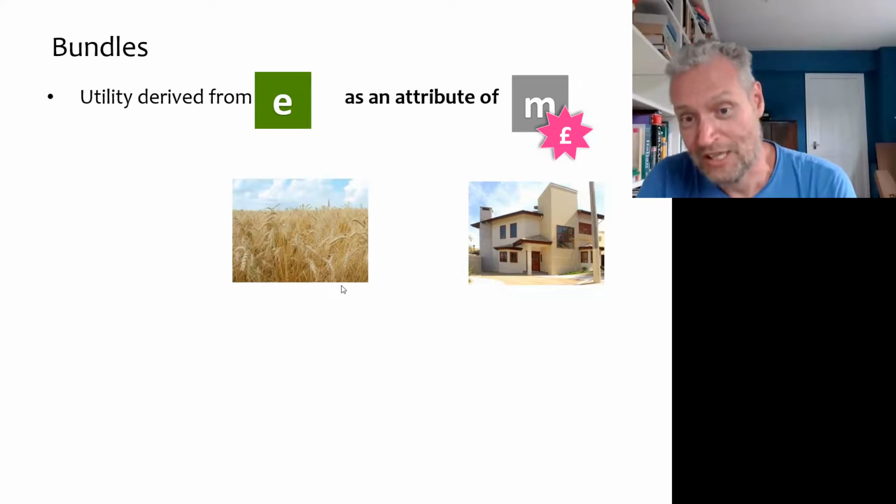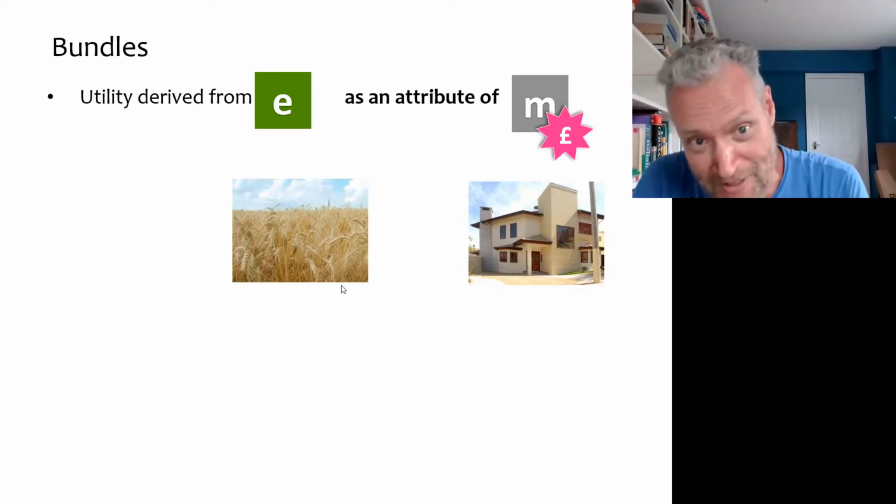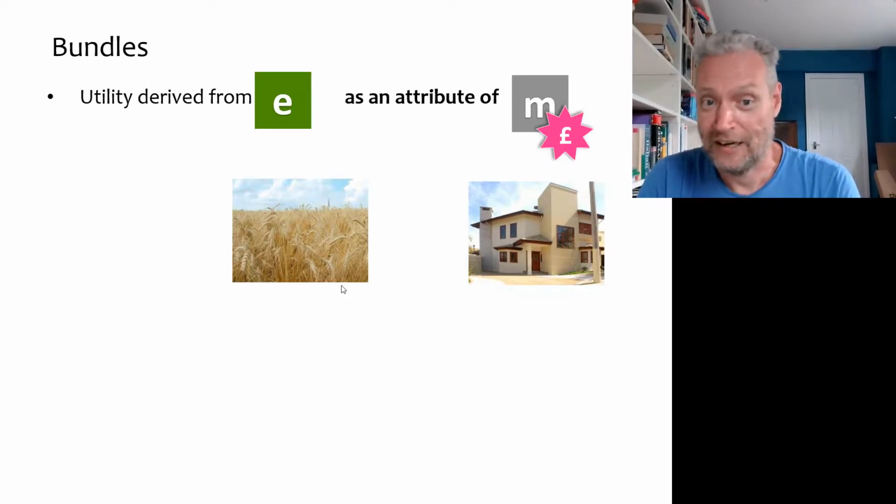And what we will see later is that houses that sit in a nice environment go for a higher price than houses that sit in an ugly environment, even if the houses are otherwise the same.